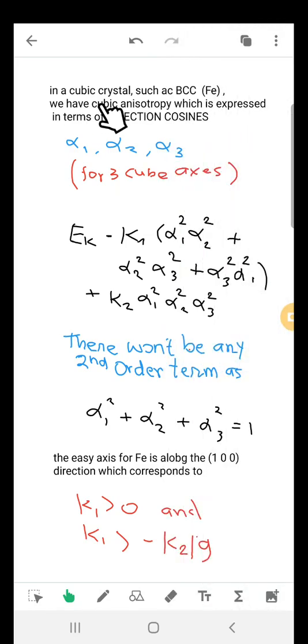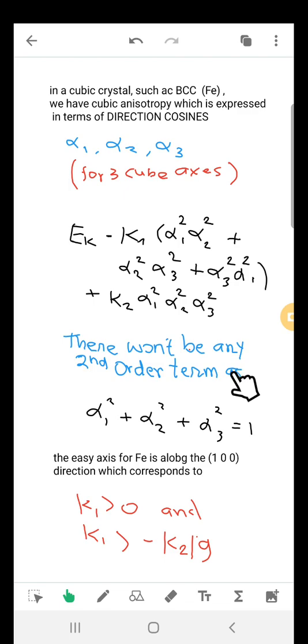Now, in a cubic crystal such as BCC, like in the case of iron, we can have a cubic anisotropy which is expressed in terms of directional cosines. So we have three directional cosines, alpha 1, alpha 2, and alpha 3 for a cubic system. So we can express the energy K in the following fashion.